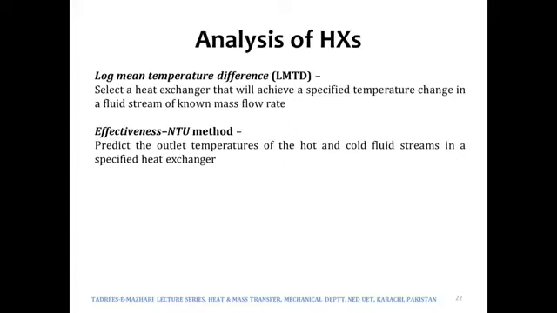So if we know the temperatures, there would be 4 temperatures in principle. Since there are 2 fluids, hot fluid and cold fluid, so hot in, hot out, cold in, cold out. These would be the 4 temperatures. If we know the temperatures, and if we want to select a heat exchanger, that means if we want to work out the area that a heat exchanger will be selected based upon, that is when we use the LMTD method.